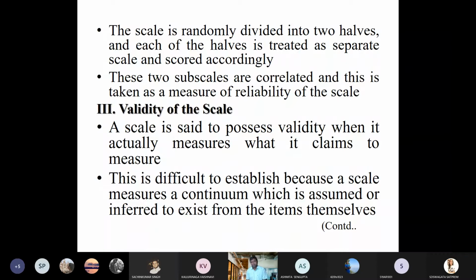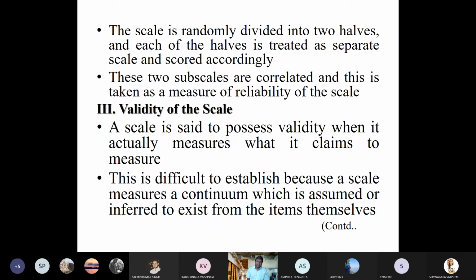A scale is said to possess validity when it actually measures what it claims to measure. Get my point? Just like reliability, we also have to measure the validity of the scale, because that is also highly important.